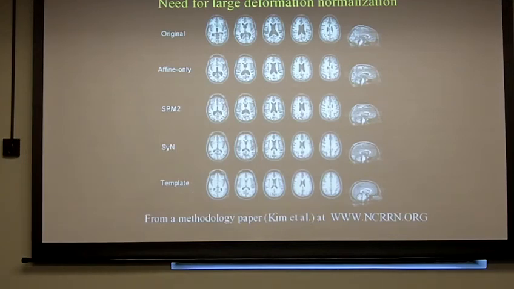The last row shows the standard template. Actually, it's a custom-built template, but you can see how powerfully symmetric normalization can warp the atrophied brain to make it look similar to the template brain.